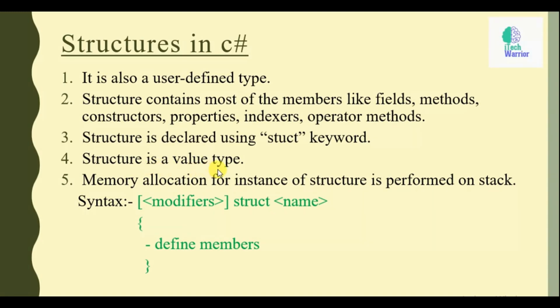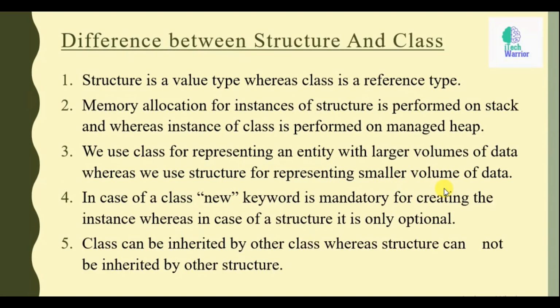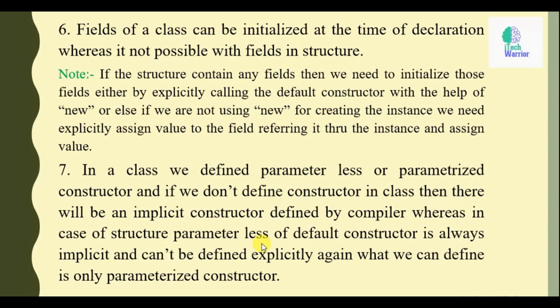A structure is a value type. A class is a reference type. Memory allocation for an instance of a structure is performed on the stack. And here is the difference. We can do it practically point-wise. I hope you understand all the points of a structure and the difference between a structure and a class.